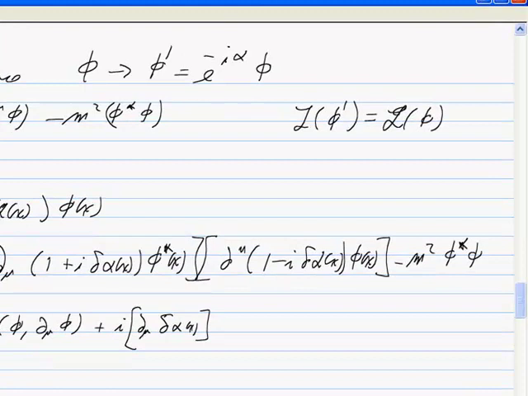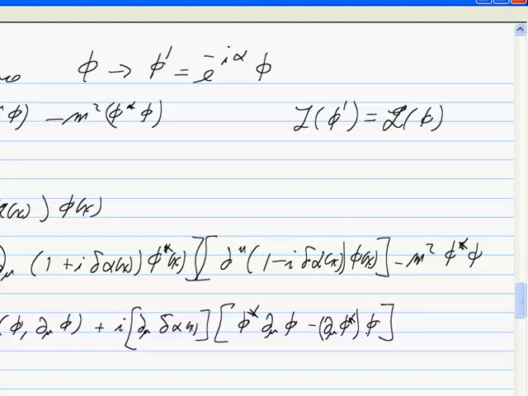So the first one is here, i times phi*, this derivative acts on phi, so it's phi* ∂_μ phi. And then the other one comes with a minus i, so the i's already out in front, minus ∂_μ phi* phi.